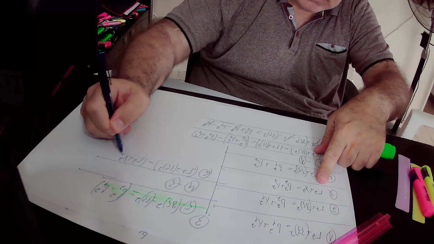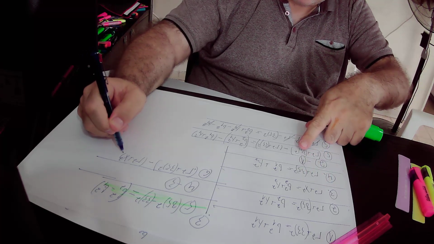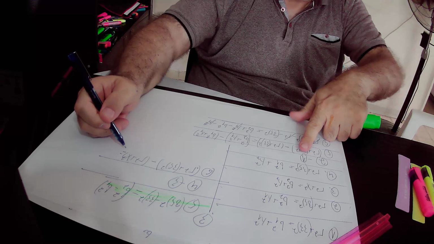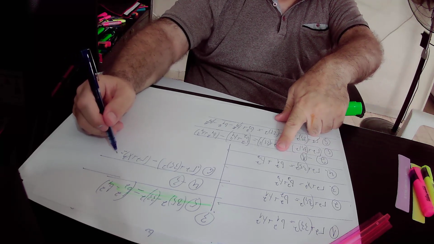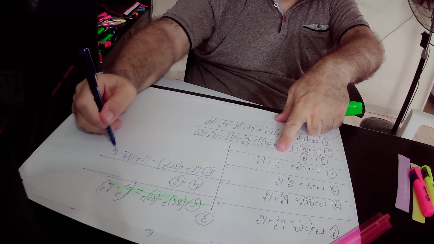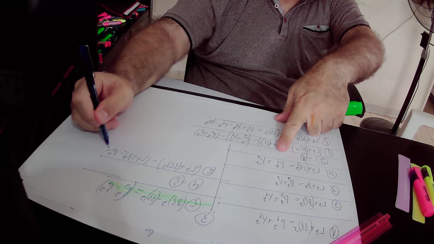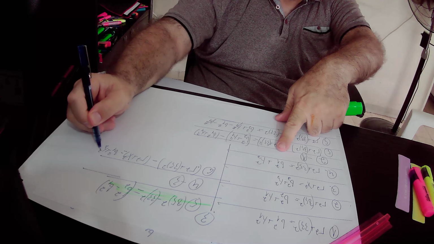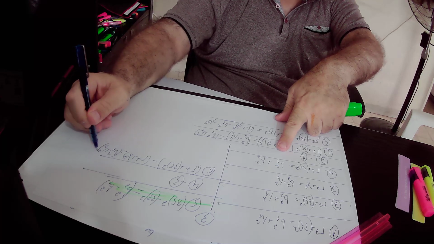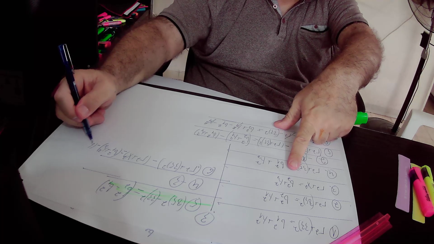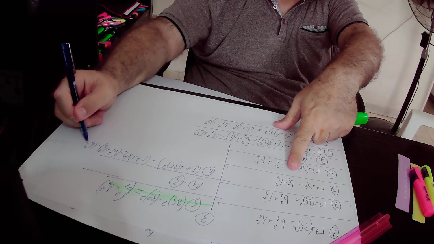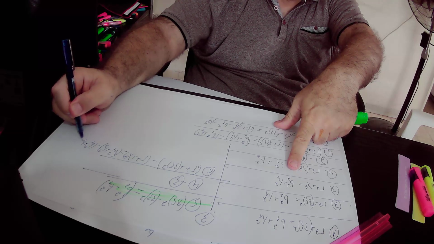We finish with this side. Now on the other side of equation number 4 we have b1 squared plus h2 squared minus equation number 3, that is minus b2 squared plus h2 squared.